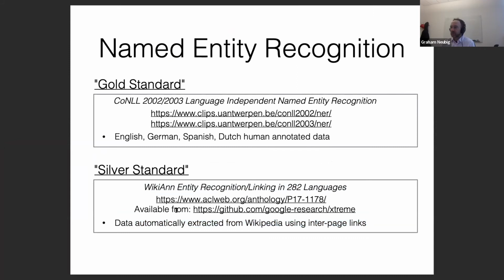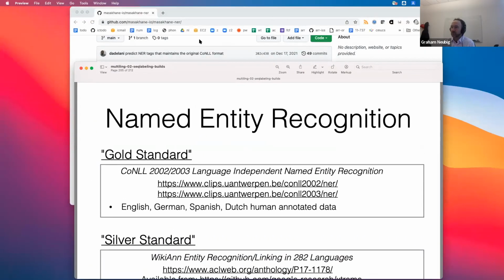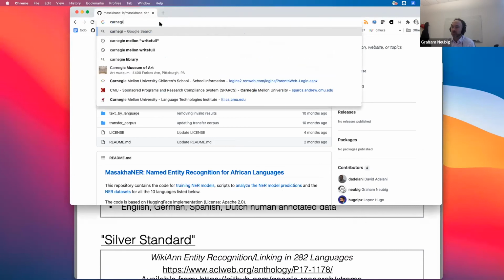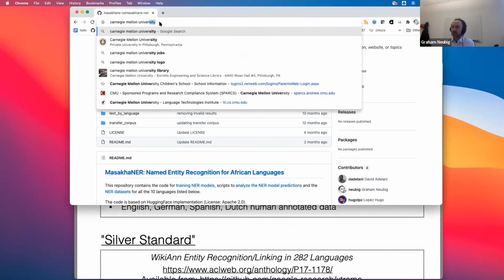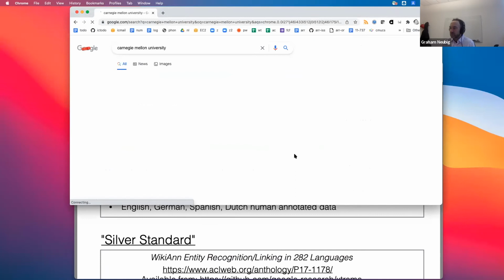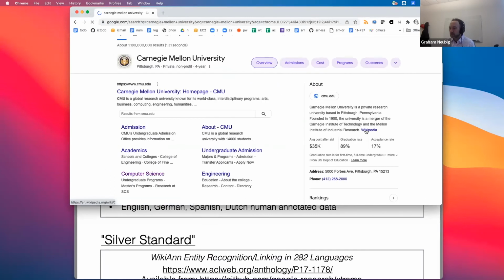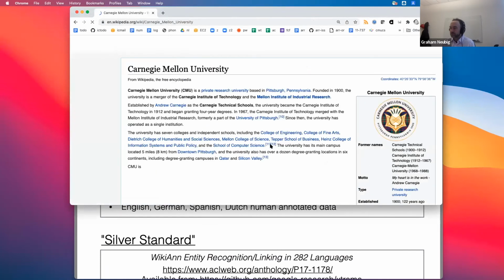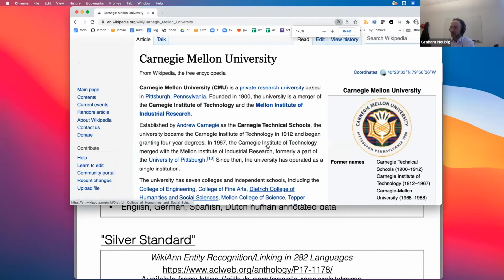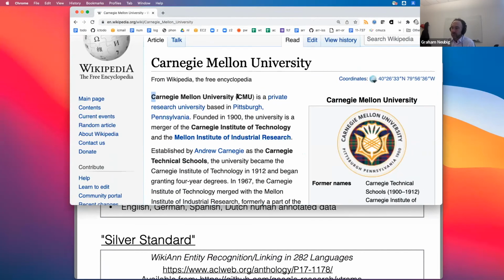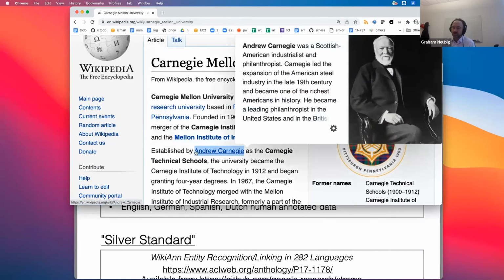So in Wikipedia, of course, if we go to Carnegie Mellon University on Wikipedia, there are many links. Here's Pittsburgh, Pennsylvania, the Mellon Institute of Industrial Research, Andrew Carnegie. All of these links link to other pages.